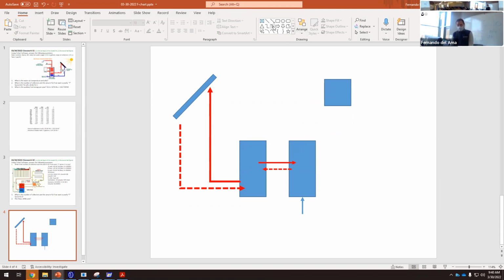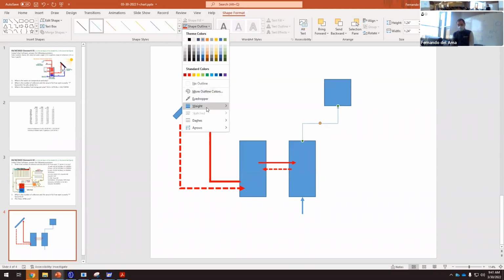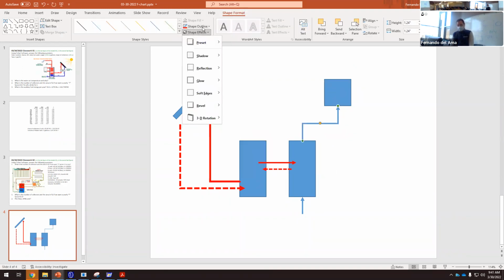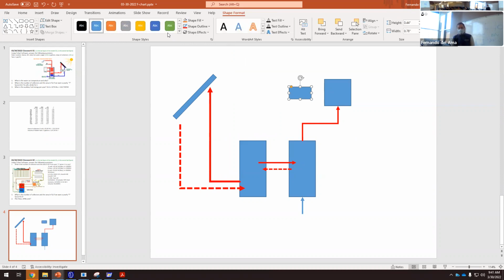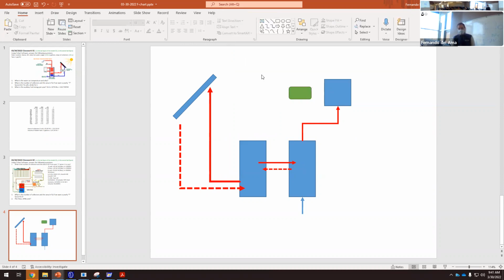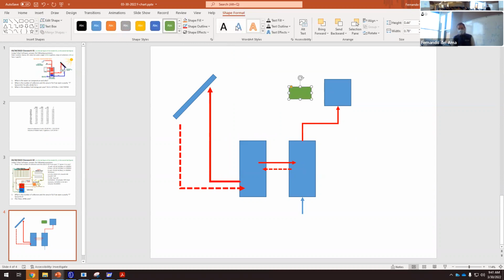So we change the weight and we change the color. Okay. And now here we have an auxiliary element. So there would be something different. This can be the boiler.